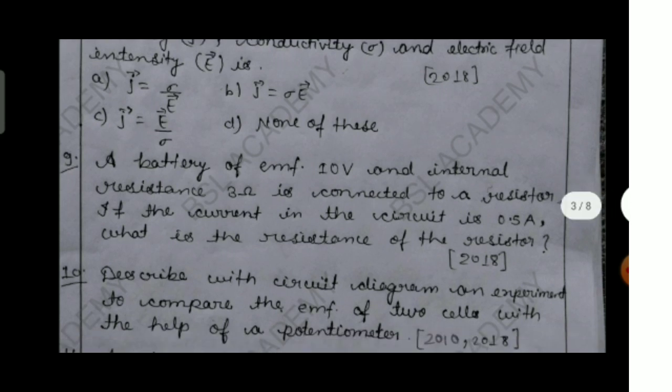Now question number 9. A battery of EMF 10 volt and internal resistance 3 ohm is connected to a resistor. If the current in the circuit is 0.5 ampere, then what is the resistance of the resistor? So this question has been asked in 2018.